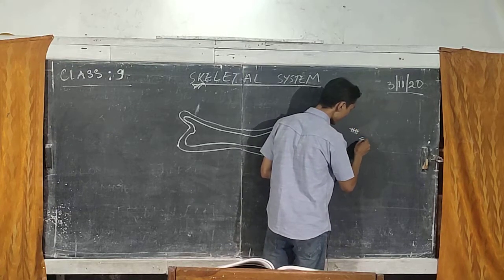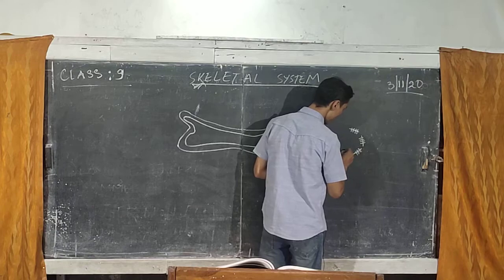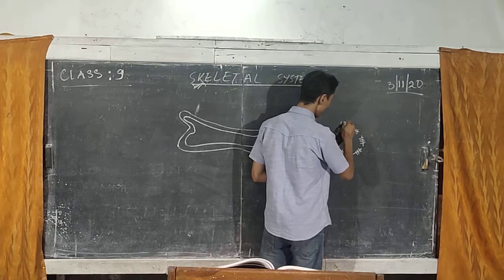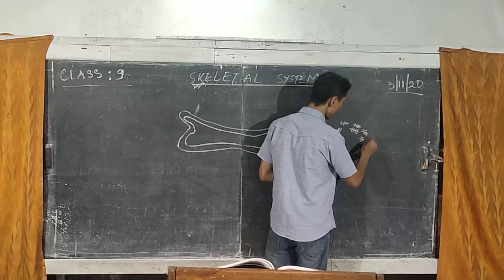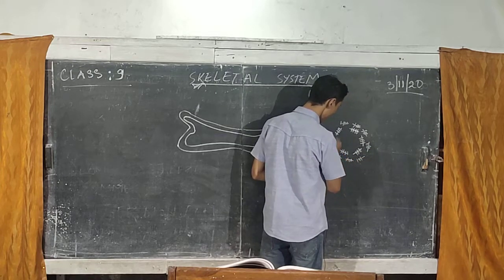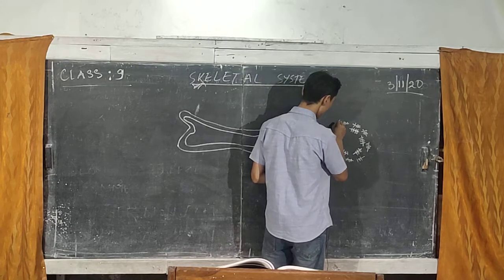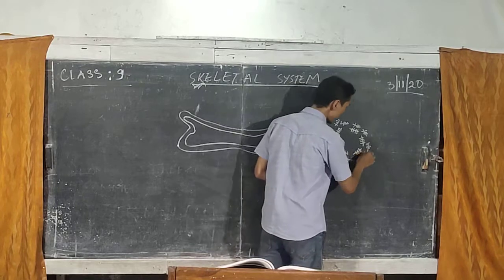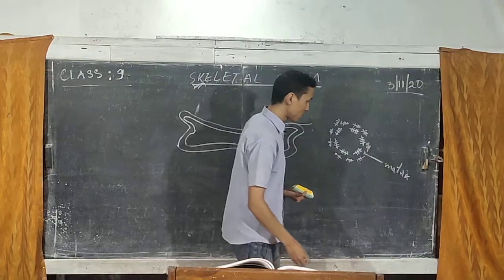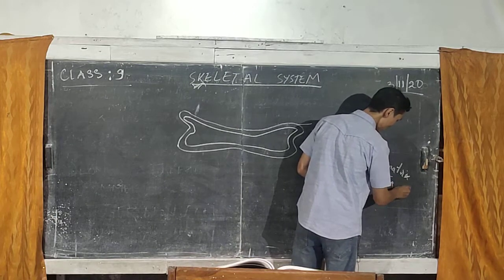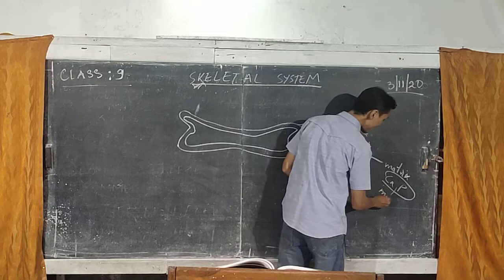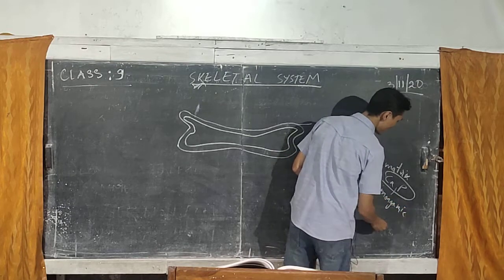Osteocytes are cells which form concentric rings. And these osteocytes contain matrix, and matrix is the part which contains calcium and phosphorus, and calcium and phosphorus are the inorganic component of a bone.